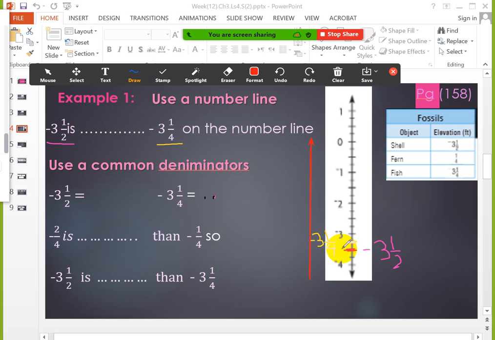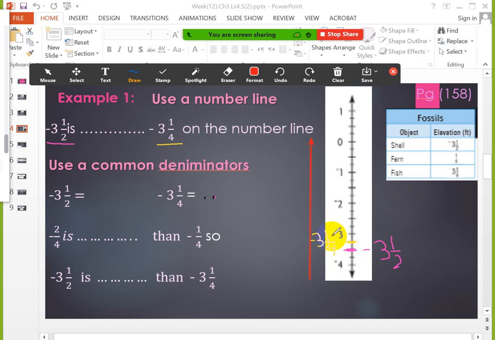So which one is the greater? Negative 3 and 1 over 2 or negative 3 and 1 over 4? Of course, the greater number is what? Who will answer me? The greater number is what? Negative 3 and 1 over 2 or negative 3 and 1 over 4? Very good, Joanna.